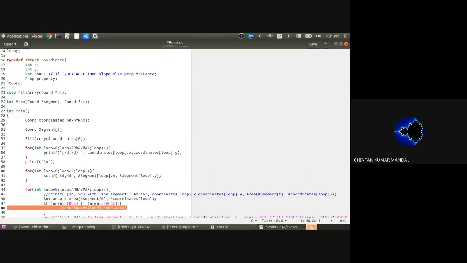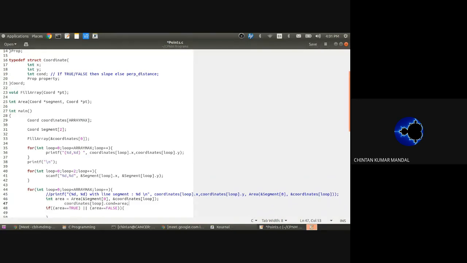I can basically keep it outside only. Then coordinates loop dot property dot.